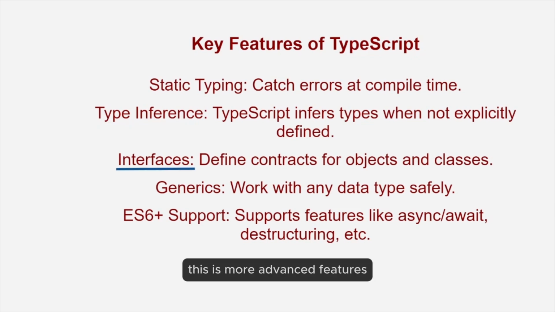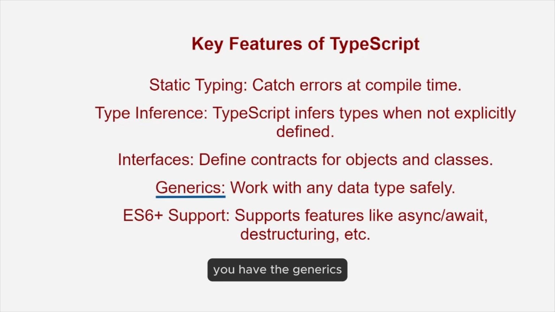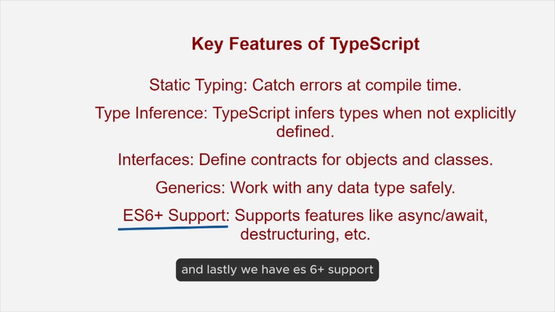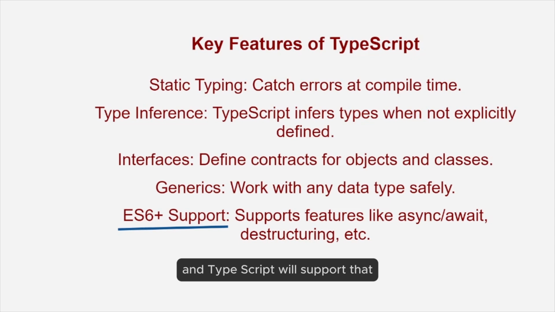This is one of the more advanced features of TypeScript. We have generics, which can work with any data type safely. And lastly, we have ES6 plus support. It supports features like async, await, destructuring, etc. This is for JavaScript's ECMAScript updates, and TypeScript will support that. It will allow you to incorporate these syntax in TypeScript.